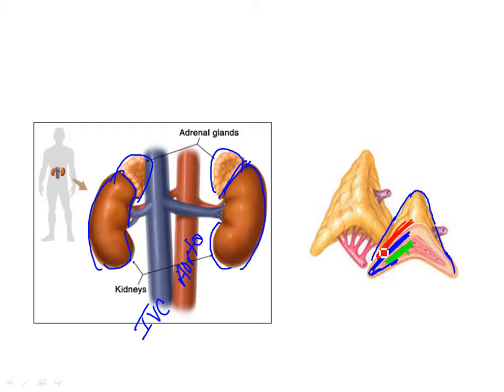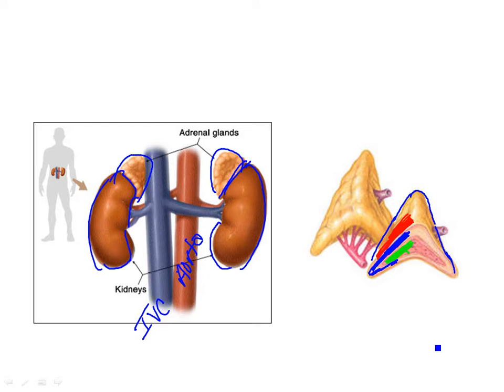The capsule is just like a capsule around your Tylenol medication or any other medication in capsule form. The capsule forms a tough outer protective covering. Then within the capsule you have first the cortex and then the middle part, the medulla.